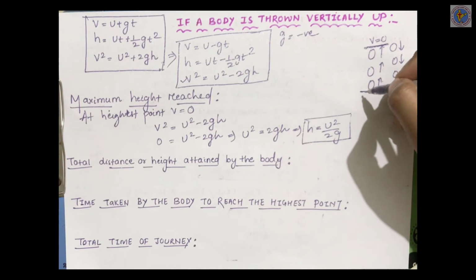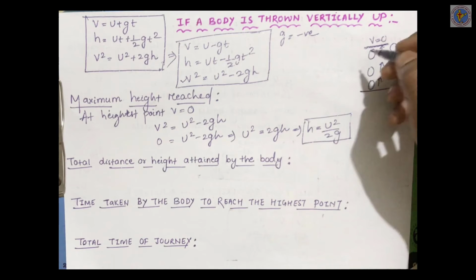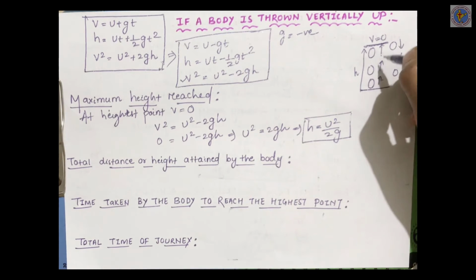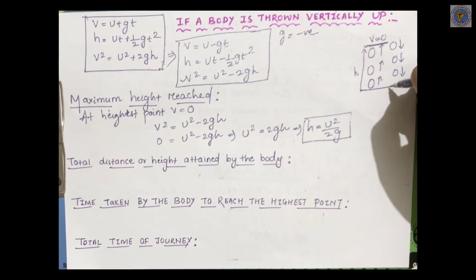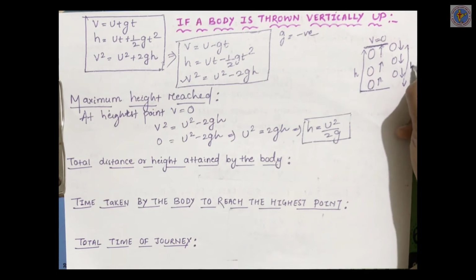For example, a body is thrown in the upward direction. If this height is h, and again the body comes back to its initial position, that height will also be equal to h.